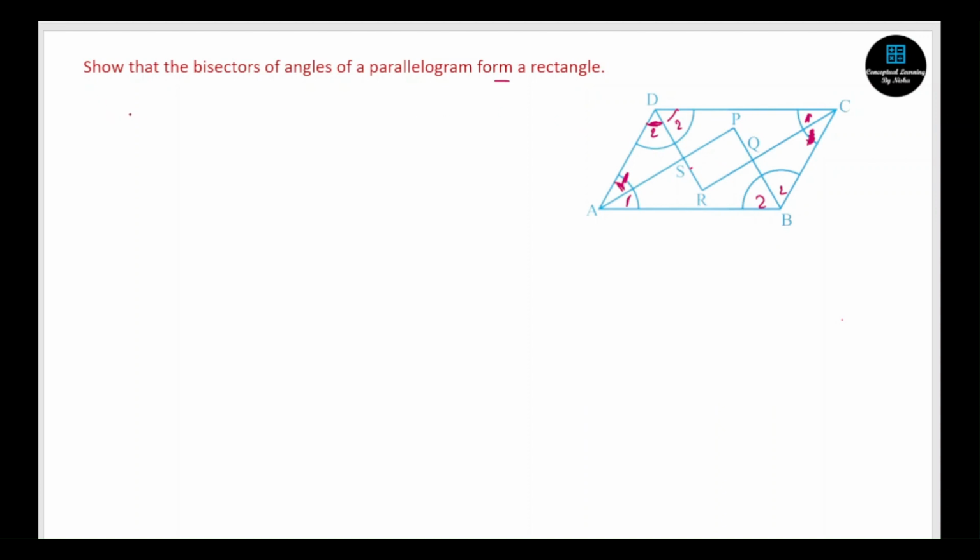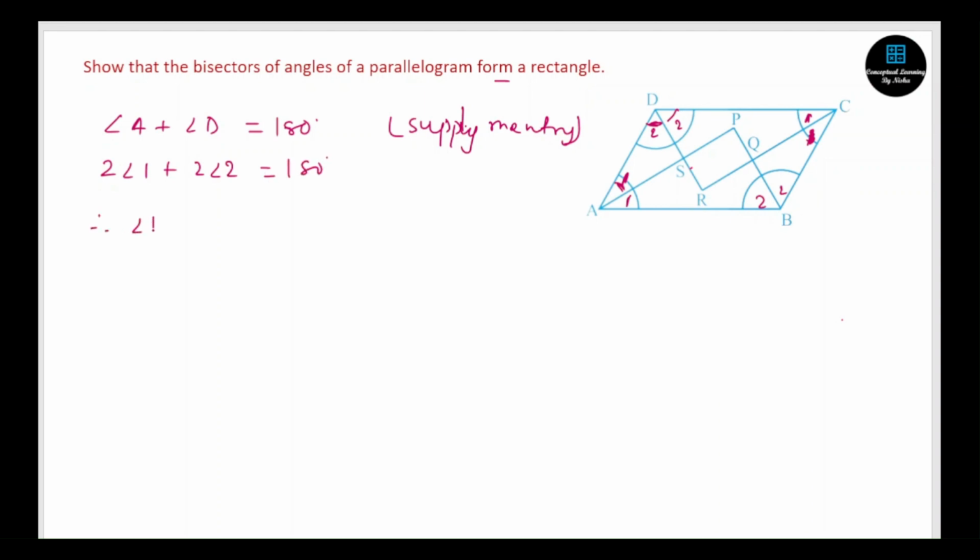So what can I say? Angle A plus angle D equals 180 degrees. We know that, supplementary angles. So 2 times angle 1 plus 2 times angle 2 equals 180, and hence I get angle 1 plus angle 2 equals 90.